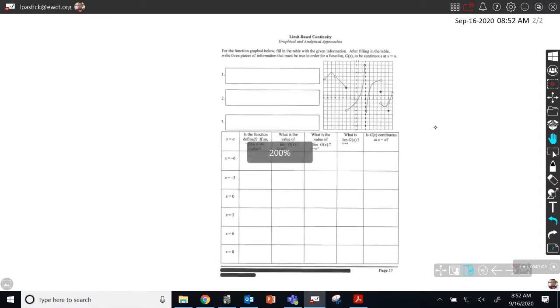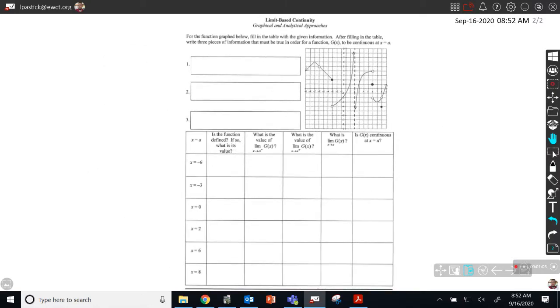So what we've got so far is: is the function defined? If so, what is its value? That should be pretty straightforward. Let's do that first. At x equals -6, it looks like the function is not defined, so I'm going to say no. At x equals -3, it is defined and the value is 2.